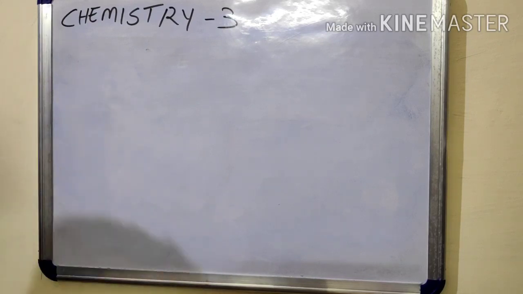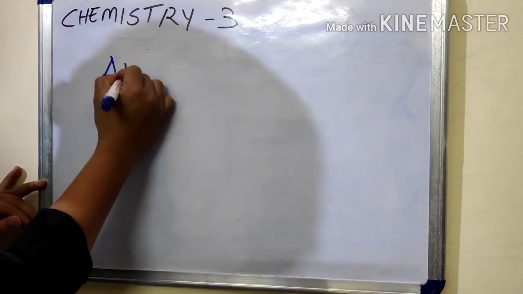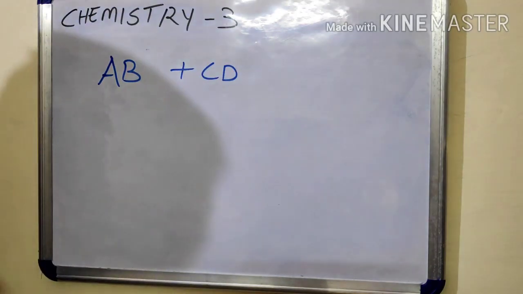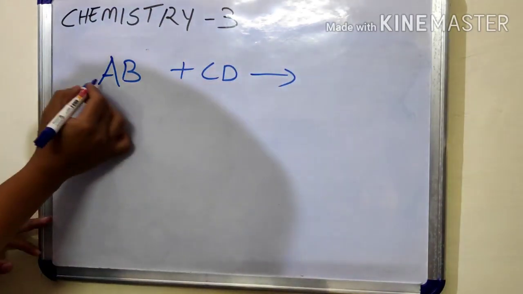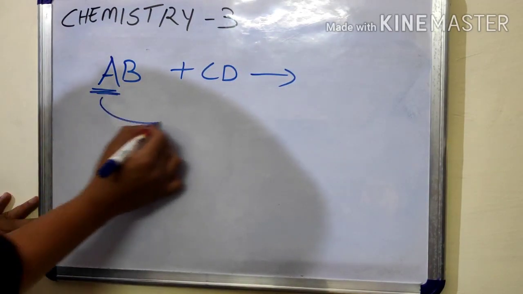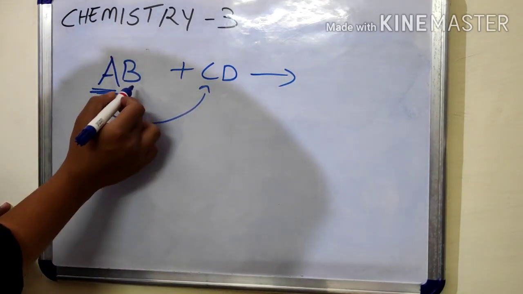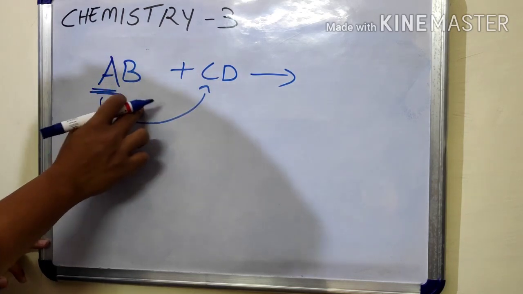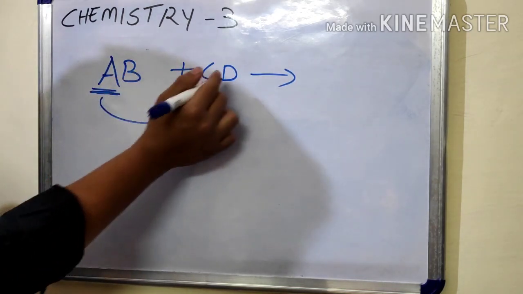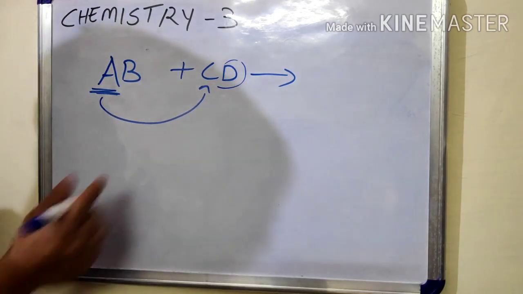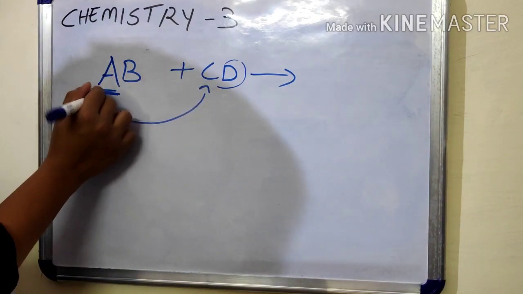In a double displacement reaction, you have one AB, you react it with another CD, and what happens is this cation will replace C, like in displacement, and similarly this will react with D. So what happens is C and A will interchange.